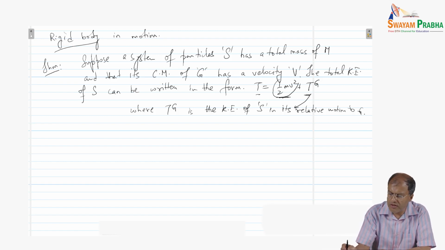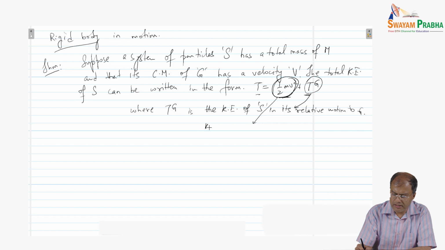So half mv square is the translational kinetic energy of the center of mass, and T_G is the kinetic energy with respect to the center of mass.